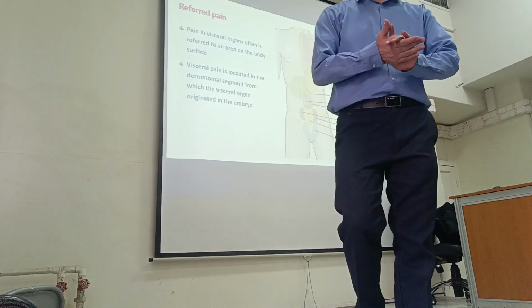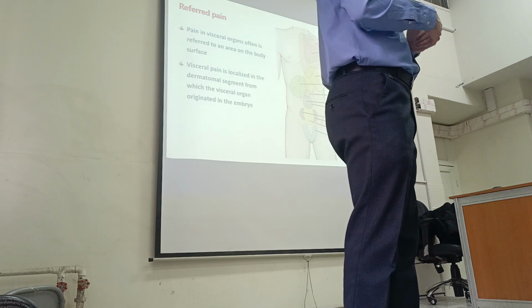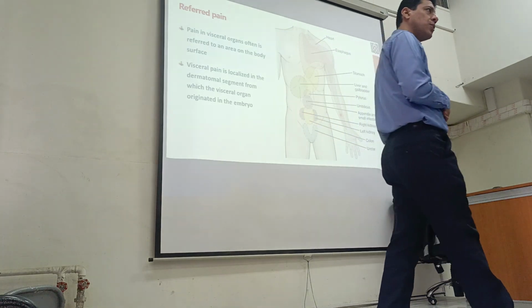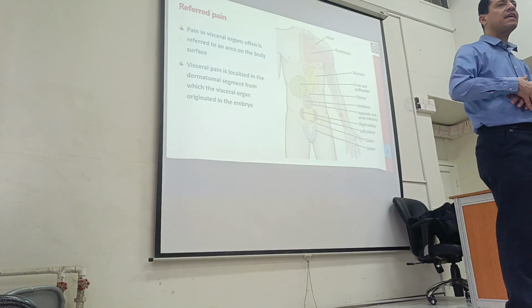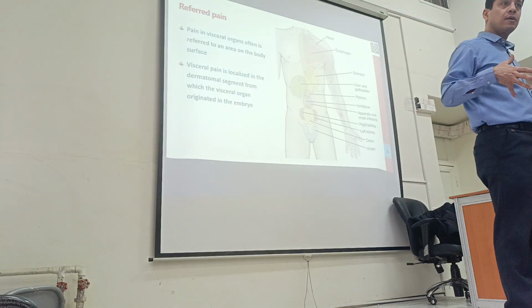So another feature of pain is referred pain. This only happens for visceral pain. So if we have pain in an internal organ, usually we feel it in an area in the surface of the body, right?